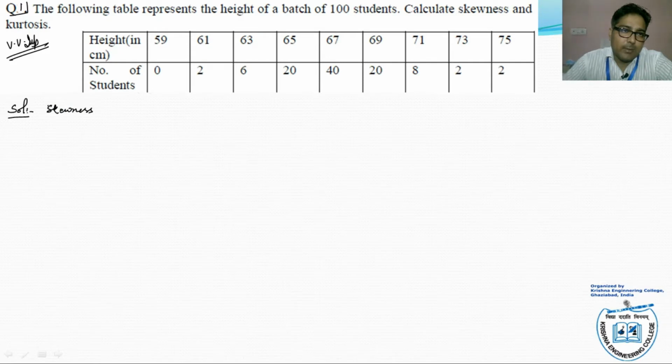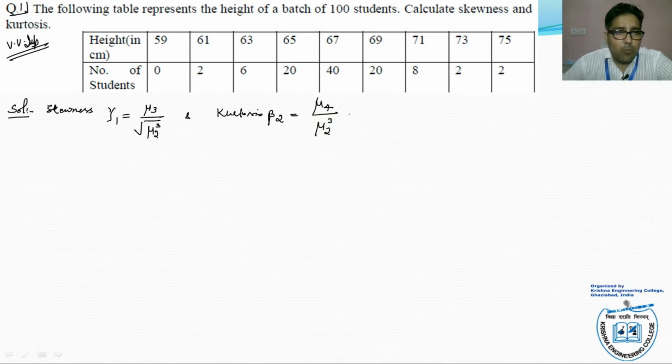Skewness means gamma 1 is equal to mu 3 upon root of mu 2 cube, and kurtosis, beta 2 is equal to mu 4 upon mu 2 square.